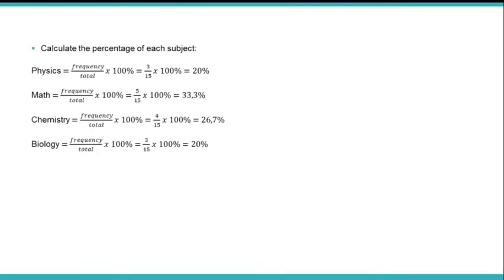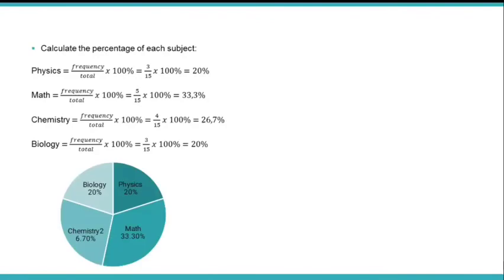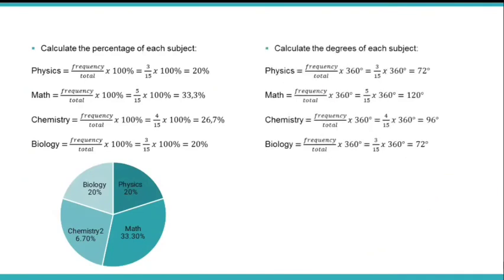Okay, from the result above, we can see that physics is 20%, math 33.3%, chemistry 26.7%, biology 20%. So, next we will calculate the degrees of each subject.